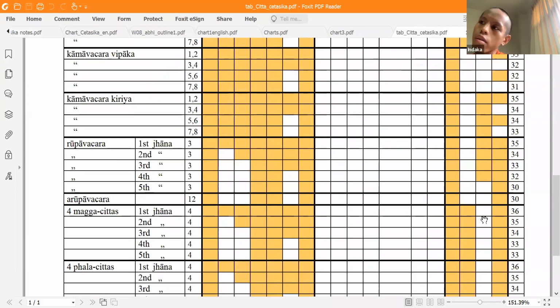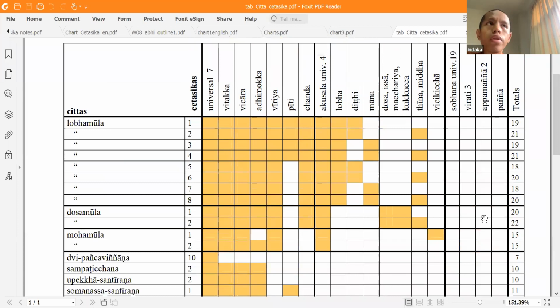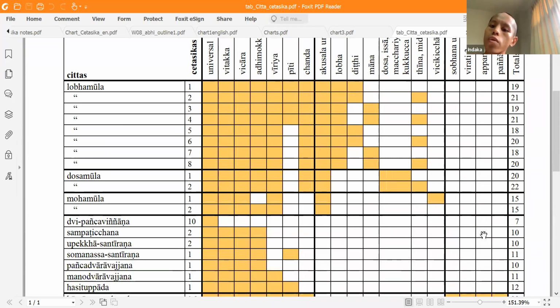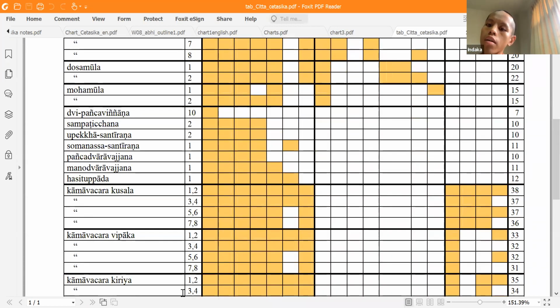Teacher, when we say Brahma Vihara, we have these 4 qualities, yes? So does it mean only one of them is present in one moment of mind, or are they all present together in a moment of mind when we say Brahma Vihara?